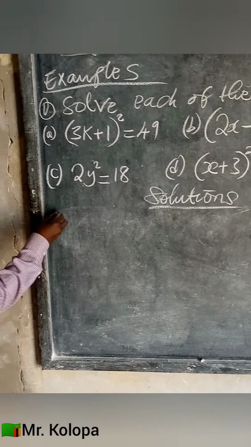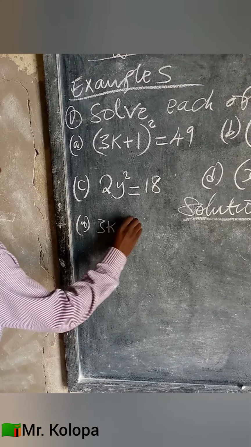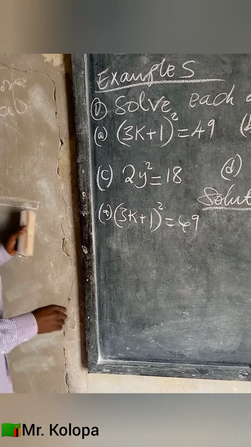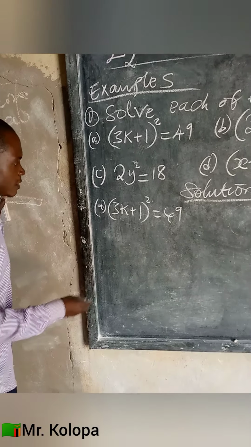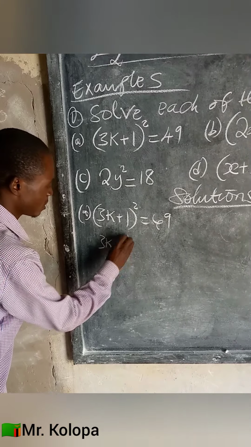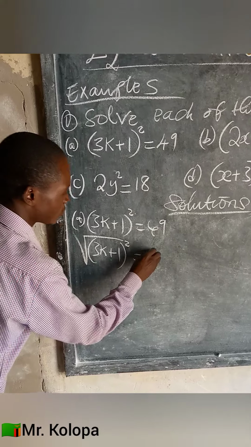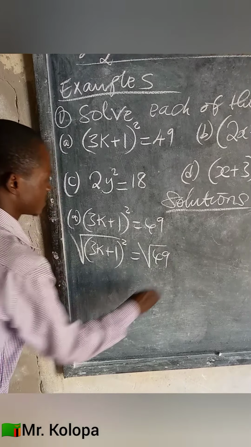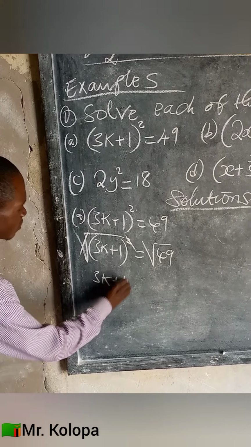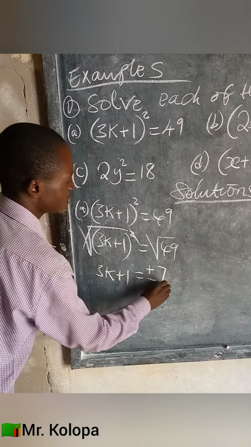Question A. I'm going to introduce the square root on both sides, as I explained. So I have 3k plus 1 squared, and I introduce the square root, and on the other side too. So 3k plus 1 is equal to positive or negative what?